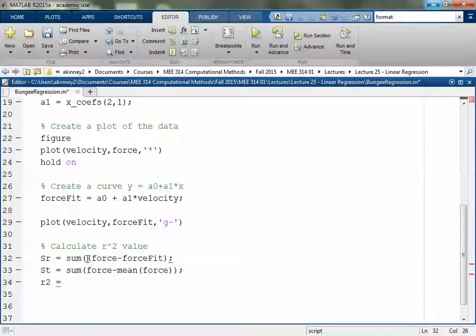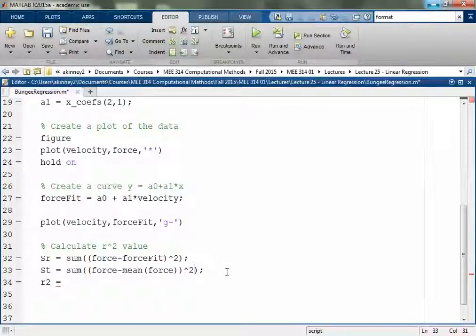You want to square it before you sum it, though. So we got to make sure that our squares are inside of our parentheses.